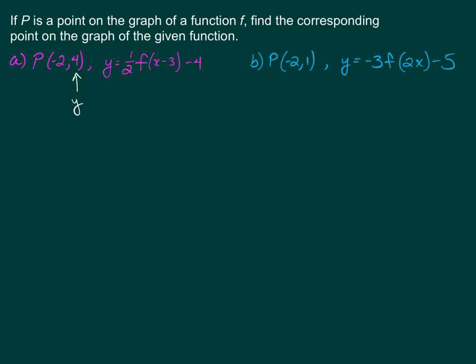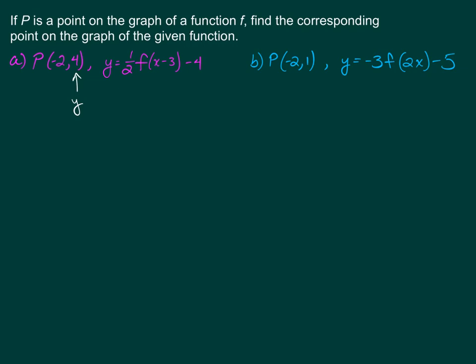And since 1/2 is being multiplied to the function and 4 is being subtracted from the function, this acts very normally, and you will want to just follow the order of operations to figure out where the new y value is.